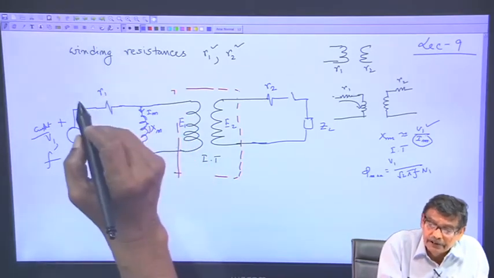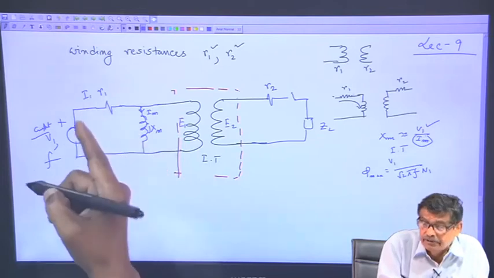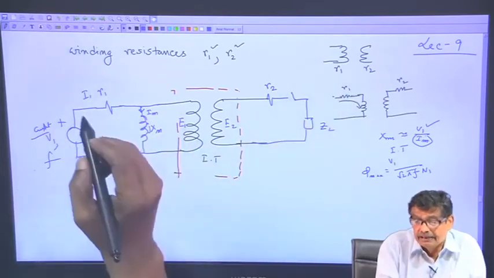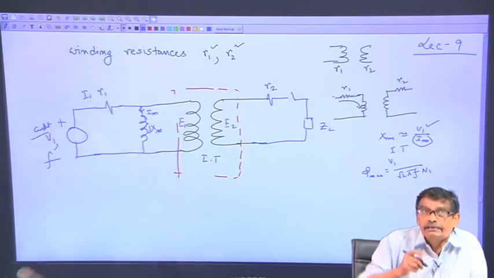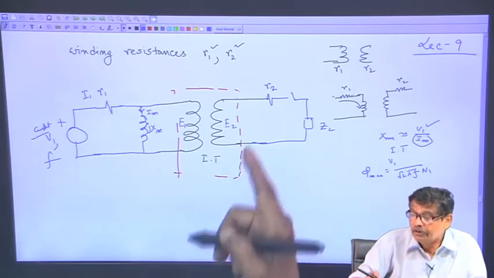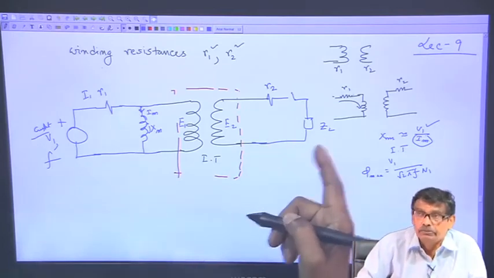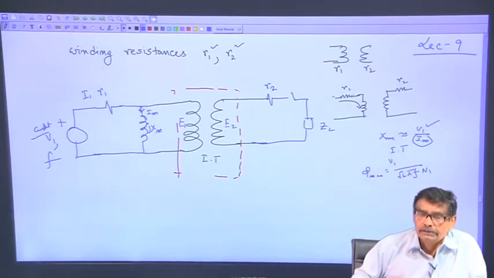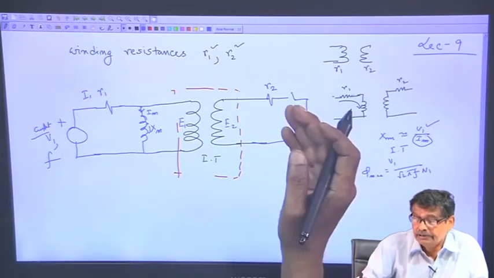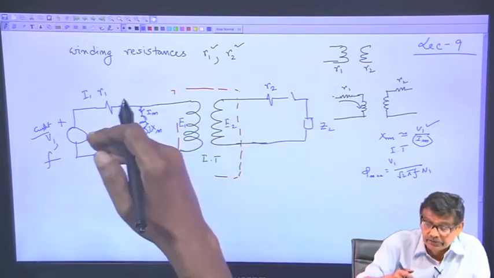What is this drop? This drop depends on the magnitude of I 1 this practical transformer is carrying, and I 1 has I 2 dash plus I m. I 2 dash depends on I 2 and on Z 2. So as you change Z 2, I 2 is going to change, I 2 dash is going to change.